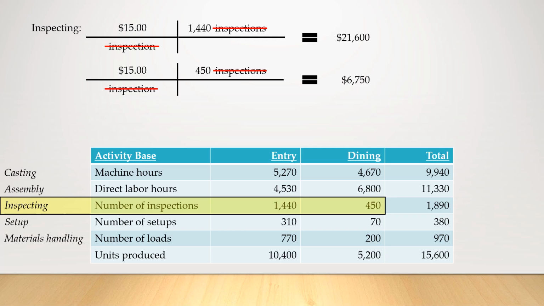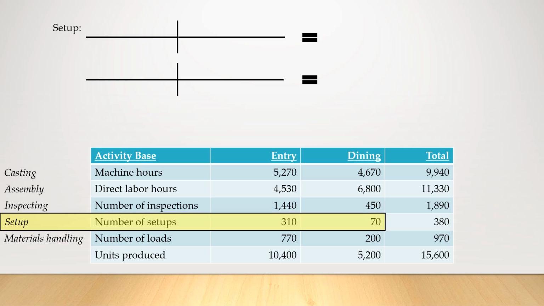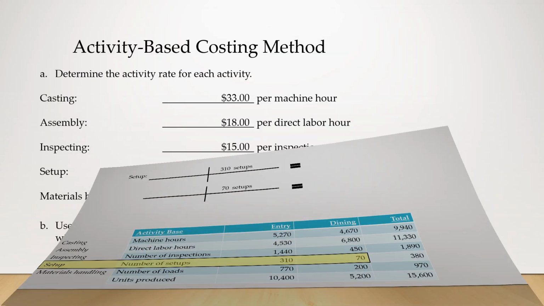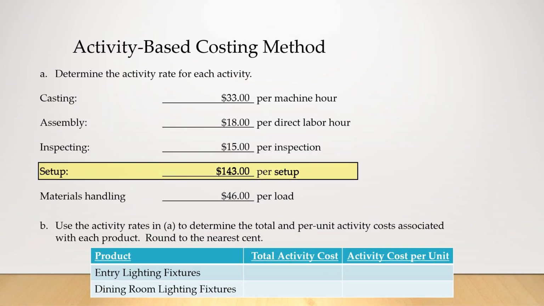We're almost through. Next comes setups. We have 310 setups for entryway fixtures and 70 setups for dining room fixtures. The setup allocation rate is $143 per setup.